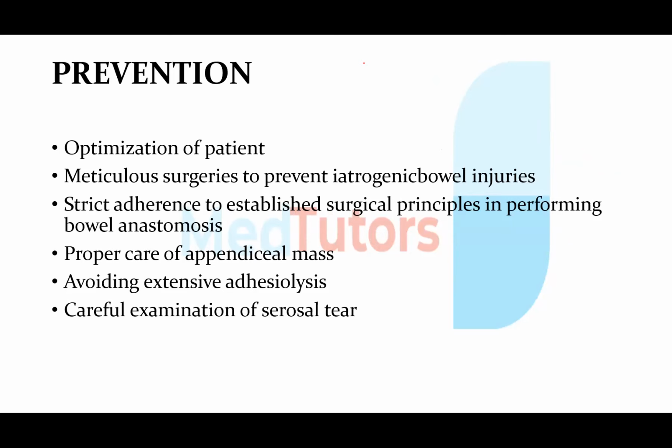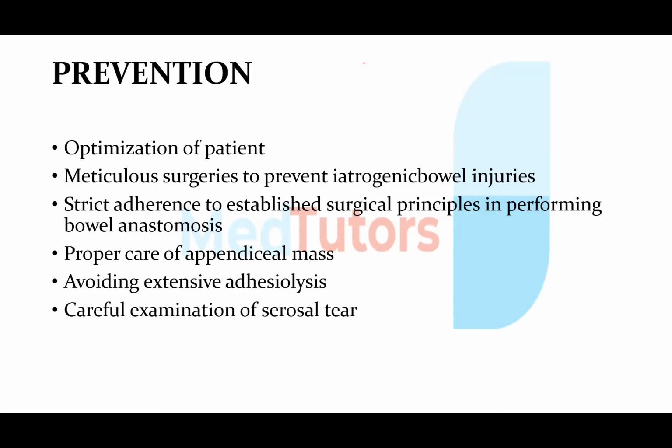Now, how do you prevent the occurrence of enterocutaneous fistula? When you are operating a patient, please, especially in emergencies, you have to adequately optimize your patient. Don't go and operate a dehydrated patient without rehydrating the patient, making adequate urine, so all the bowel is well perfused.